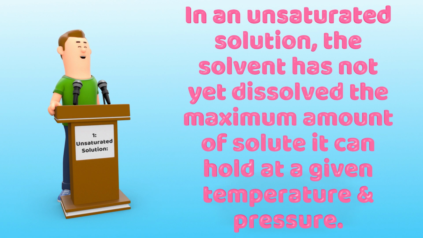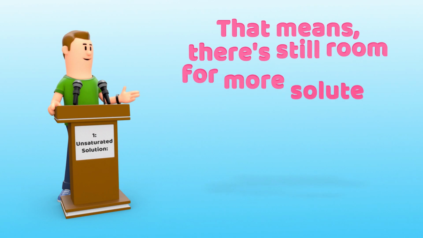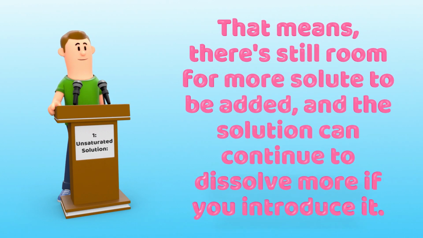This is the solution in which the solvent has not yet dissolved the maximum amount of solute that it can hold. So, in simple terms, unsaturated solution means there is still room for more solute to be added, and the solvent can still dissolve more solute.